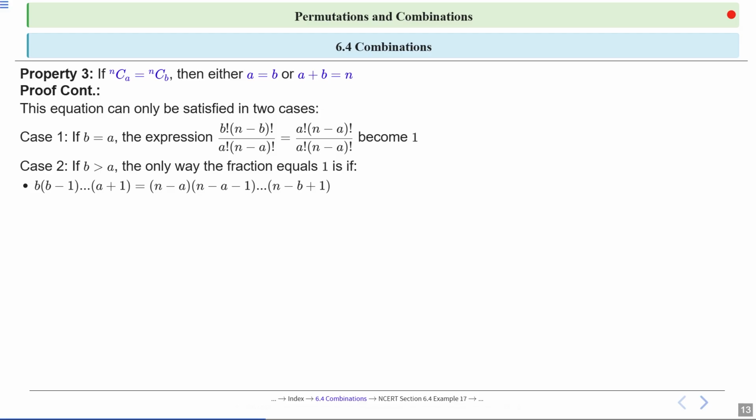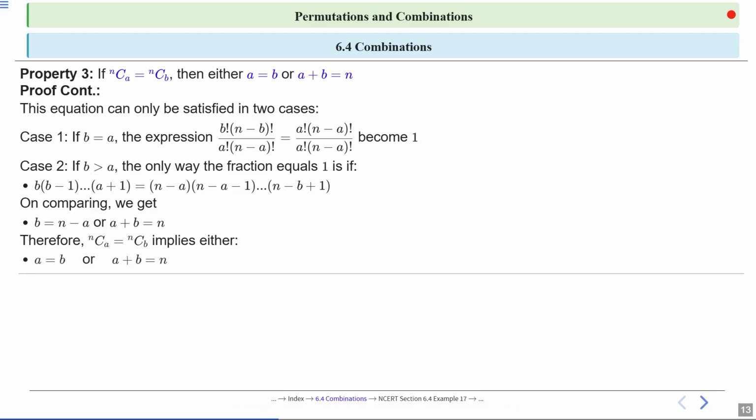Case 2: if b is greater than a, then the fraction can be 1 only when b times (b minus 1) times dot dot (a plus 1) is equal to (n minus a) times (n minus a minus 1) times dot dot (n minus b plus 1). On comparing, we get b equal to n minus a, and it implies a plus b equals n. So therefore, nCa equal to nCb implies either a equals b or a plus b equals n.